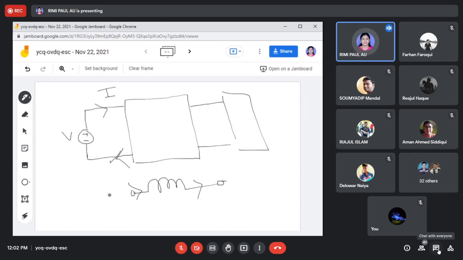Or if I take any voltage source, current is going towards this port and current is entering here. So these are the two terminals, and this is known as a port, and this is our one port.